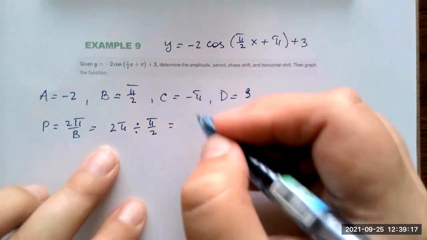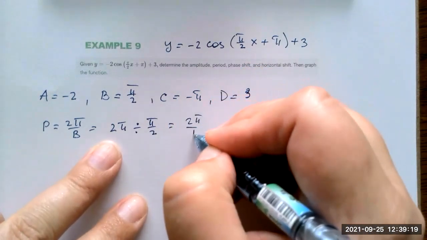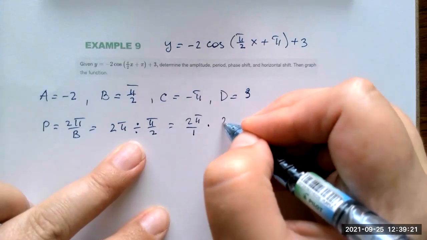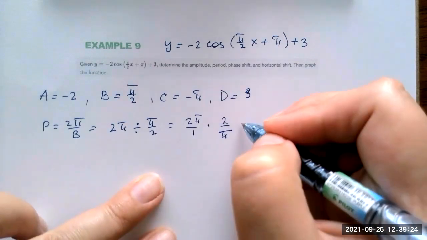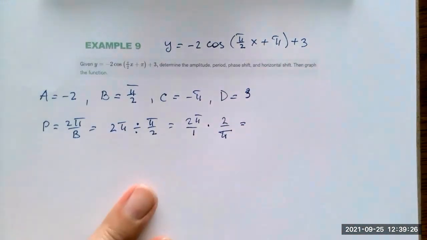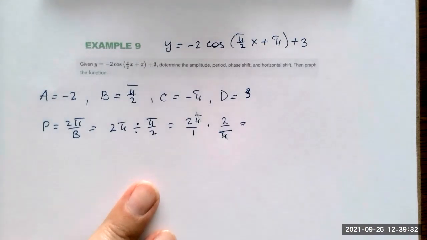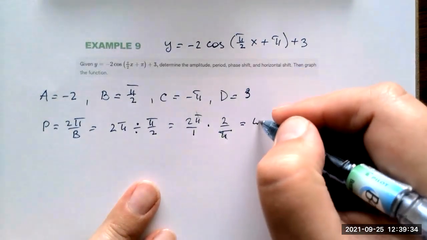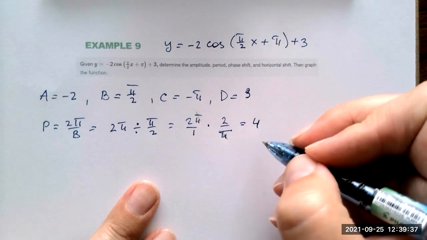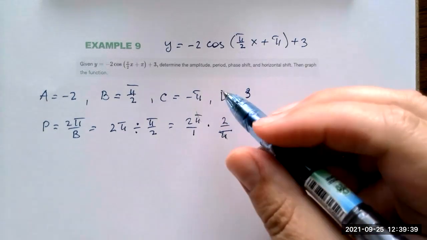So I'm going to convert 2 pi into a fraction and multiply by the reciprocal. We're canceling out pi, and we're going to get 4. So the period for this function is going to be 4.